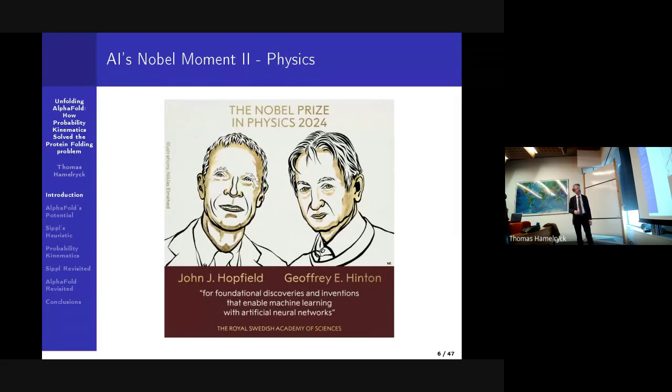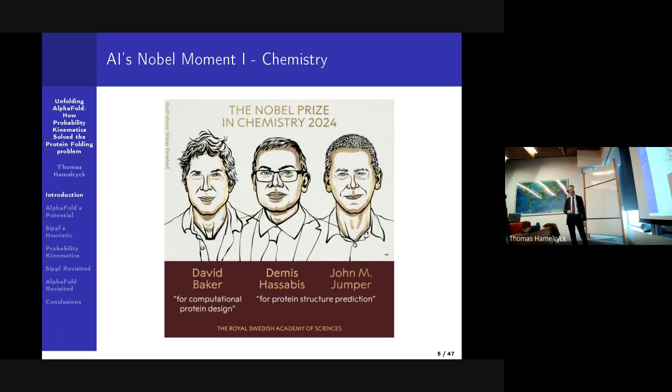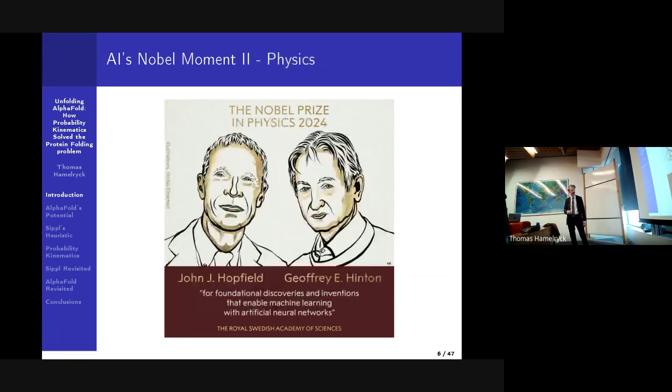And this was not the only prize for AI: in the same year, John Hopfield and Geoffrey Hinton also got the Nobel Prize in physics for developing artificial neural networks. These are quite unusual prizes, because this is basically computer science and got the prize in physics, and this is bioinformatics, and it got the Nobel Prize in chemistry.